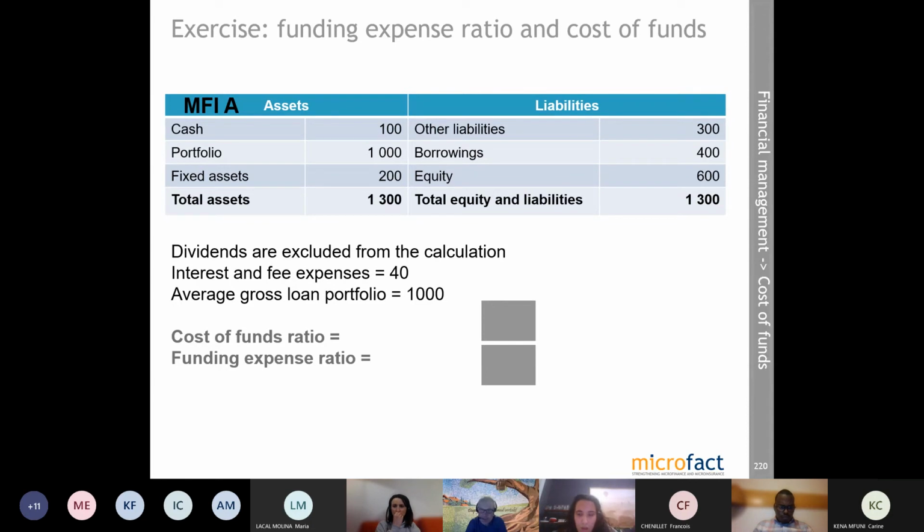What is the cost of funds? It's not 5.7. That's not the right one.